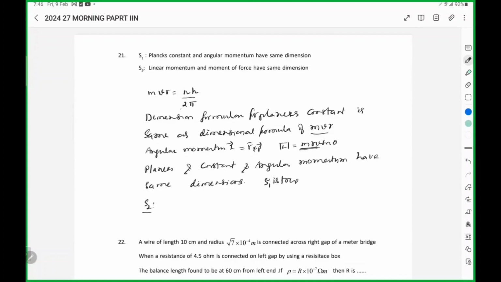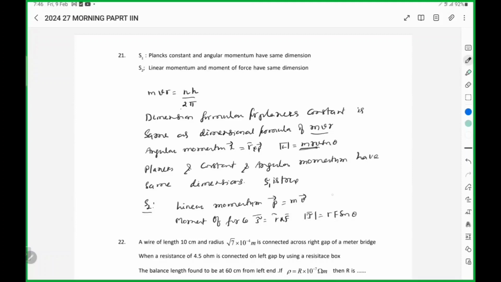In the second statement, linear momentum is mass into velocity, with dimensional formula MLT power minus 1. Next is moment of force, which is torque, r cross F. The magnitude of torque is rF sin theta.